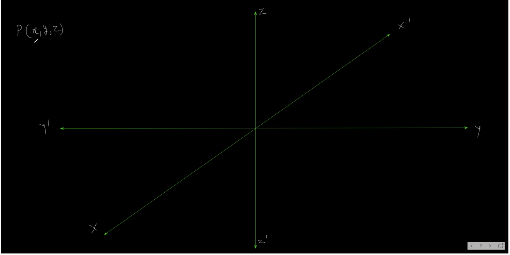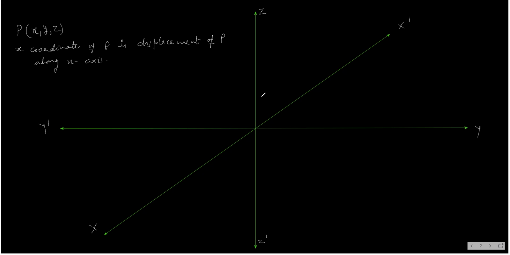The X coordinate of P is the displacement of point P along the x-axis.